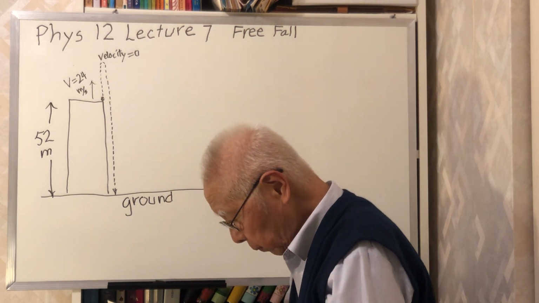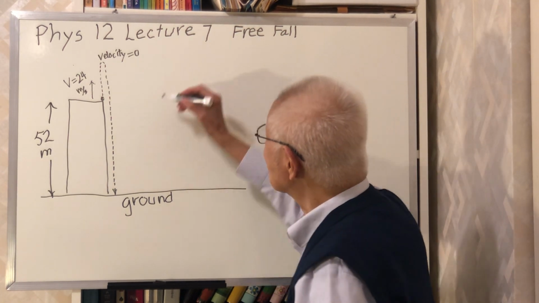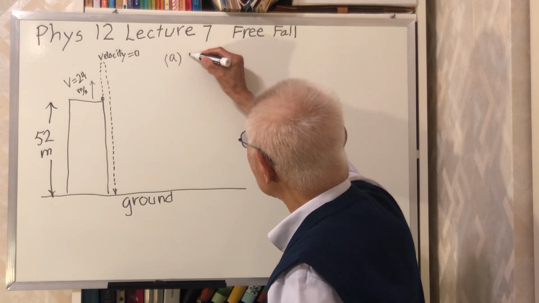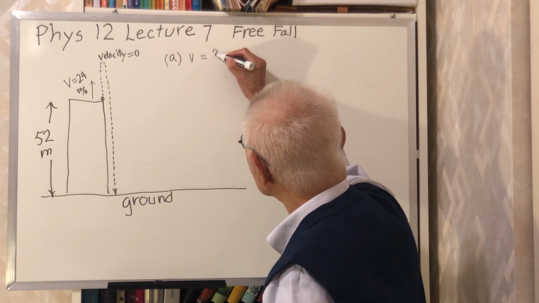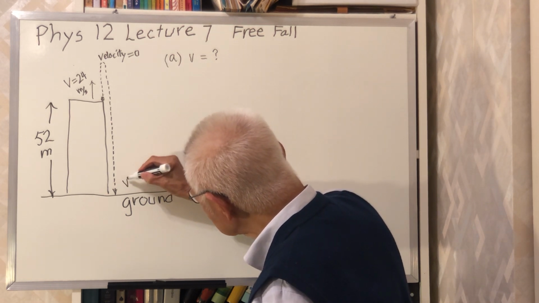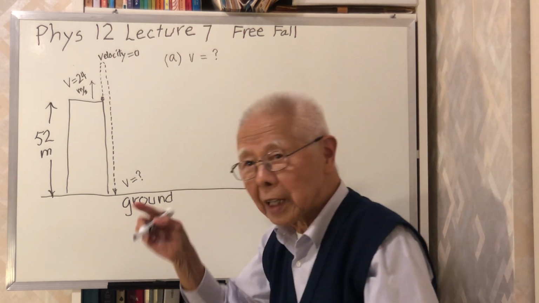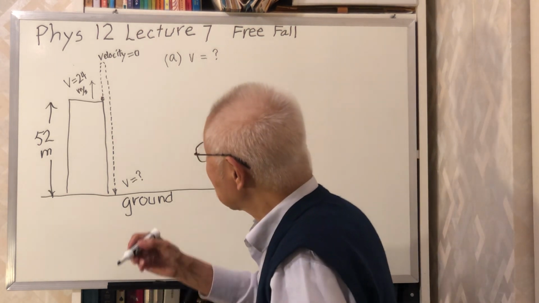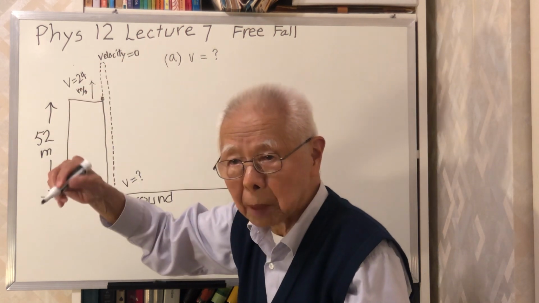So, what do we want to find? Part A, we want to find the velocity at this point. When the ball hits the ground, what is the velocity? Let me write some subscripts.